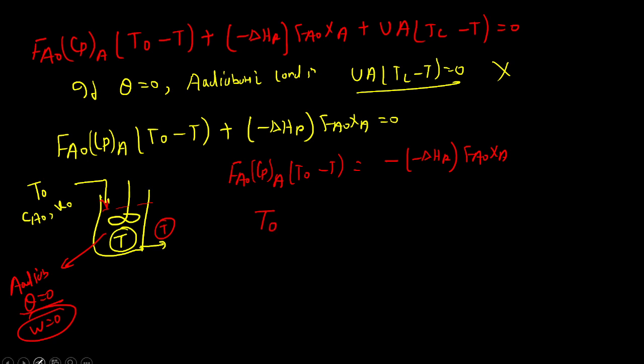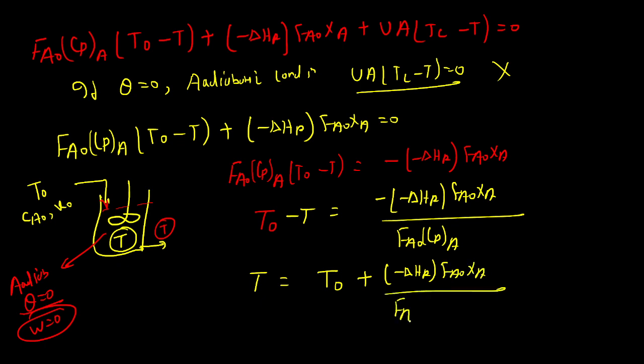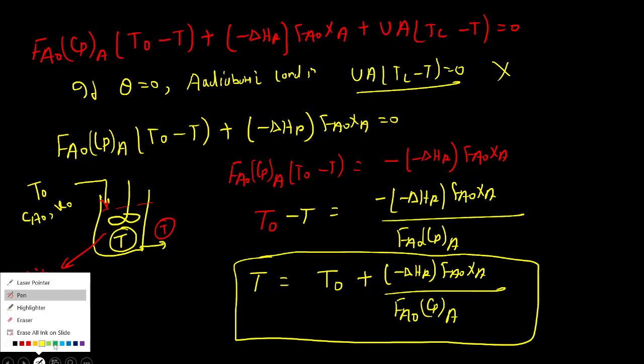So can I write T naught minus T is equal to minus delta H of R Fa naught Xa divided by Fa naught Cp of A. So can I write T is equal to T naught plus minus delta H of R Fa naught Xa upon Fa naught Cp of A. So the exit temperature from the continuous stirred tank reactor, T, is equal to this, right?